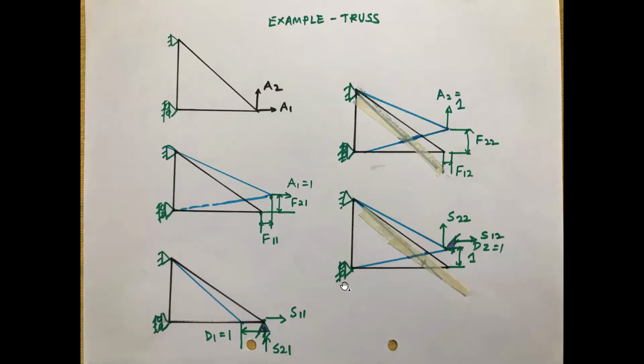Okay, now I hope all of you have understood generating flexibility coefficients. The size of this flexibility matrix, F11, F12, F21, and F22, is 2 by 2, because there are only 2 kinematic variables. I mean, 2 static variables also, I can say something like that.